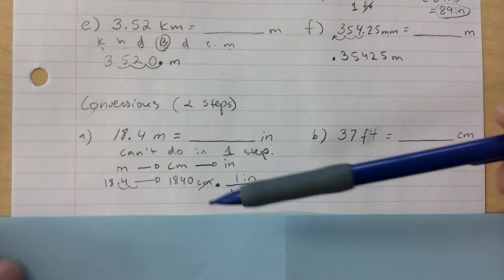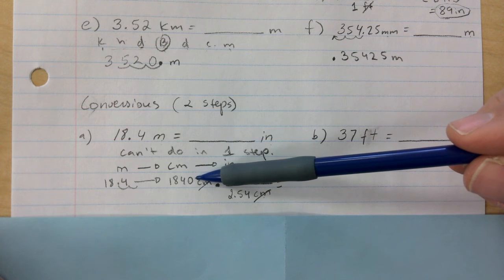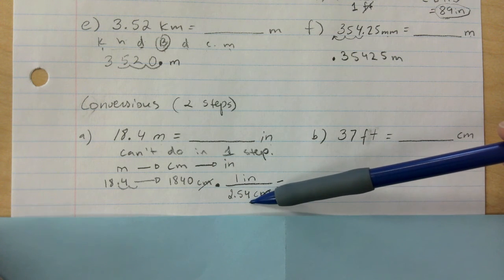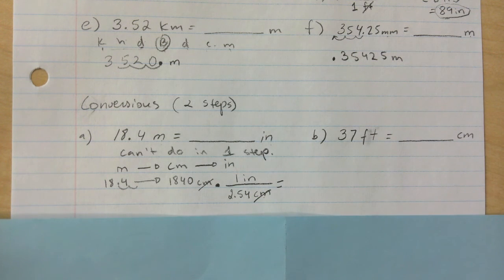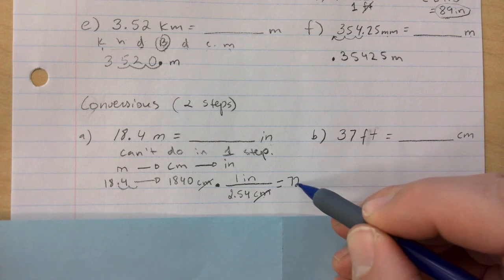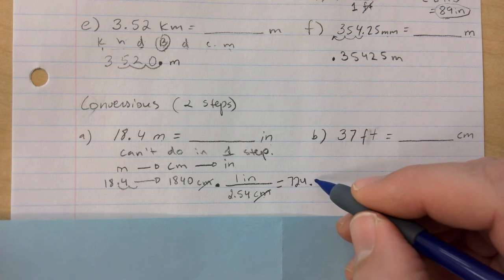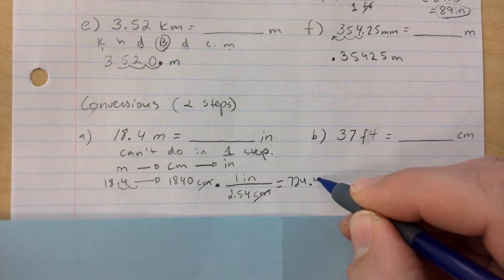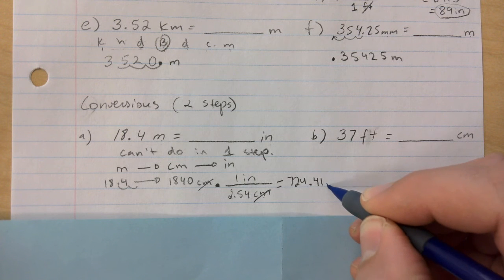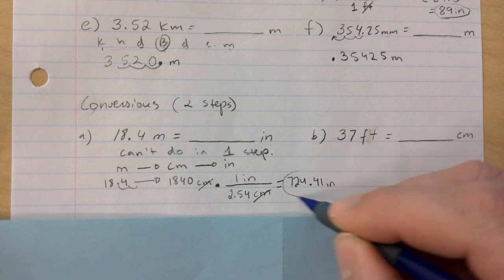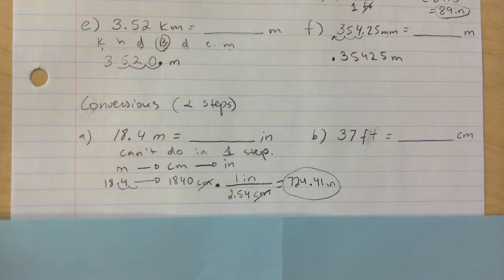So it's essentially 1840 divided by 2.54. That's 724.41. That's your final answer there.